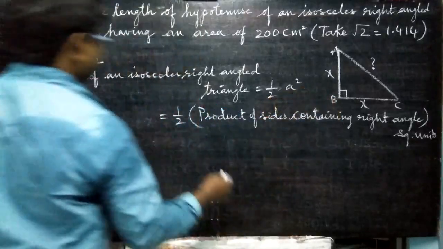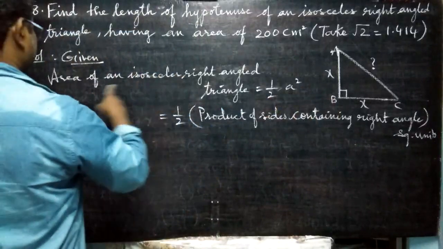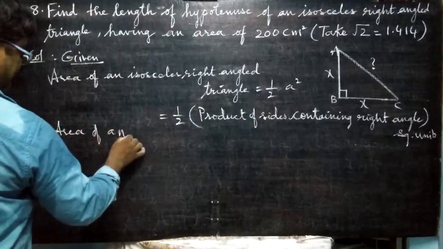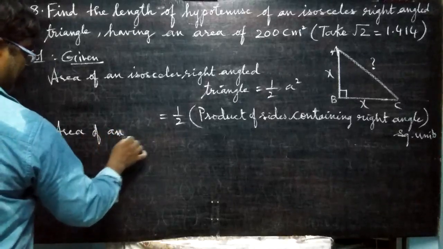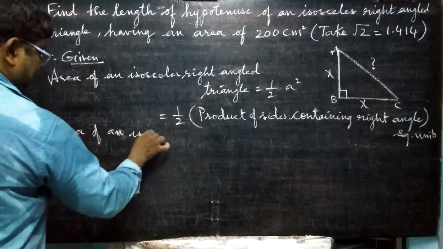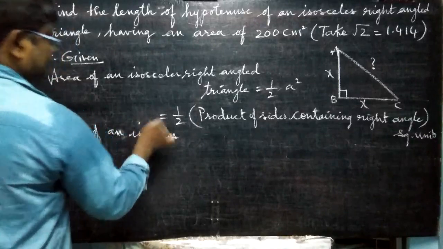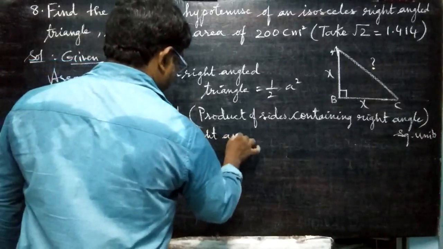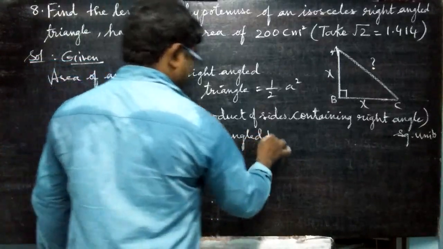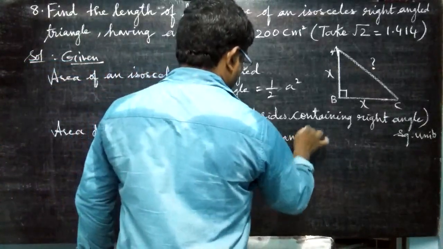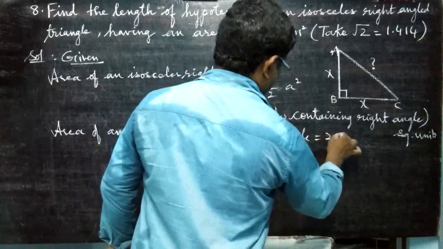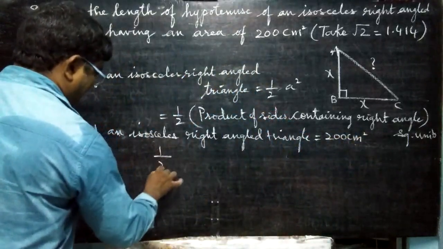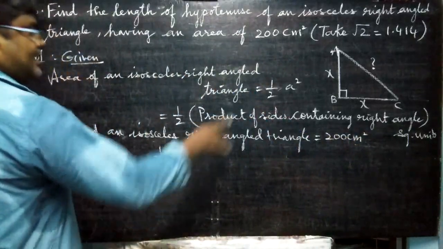Half x square. Now they have given the area of an isosceles right angled triangle: 200 centimeters square. Half x square, because we are thinking of the side as x.